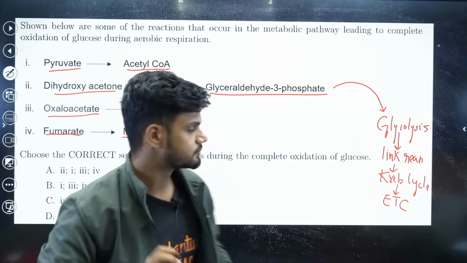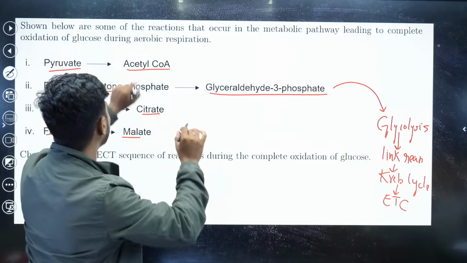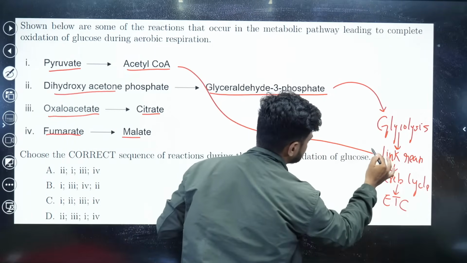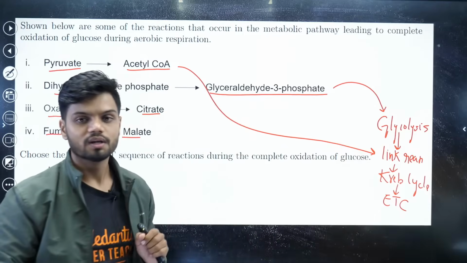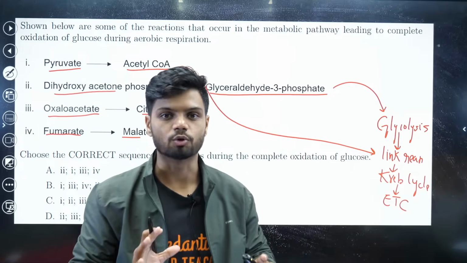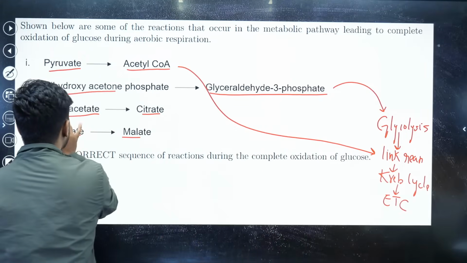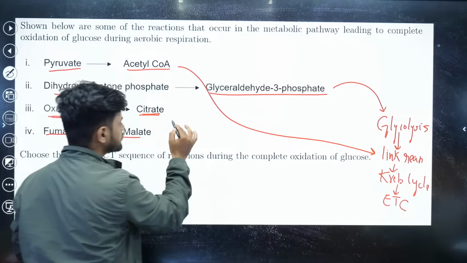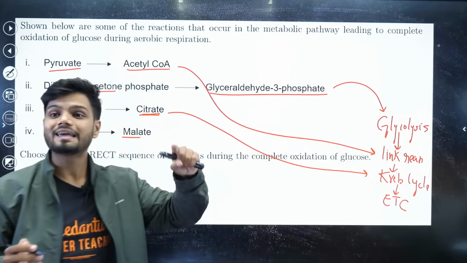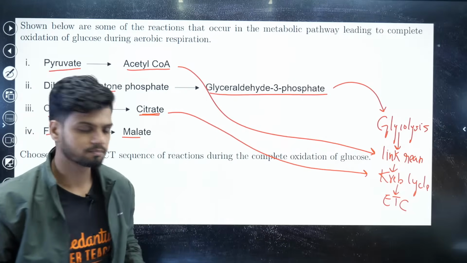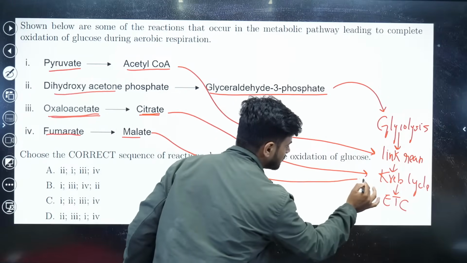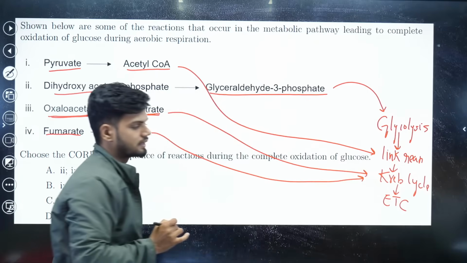Now the second one, pyruvate to acetyl-CoA, is part of your link reaction. Oxaloacetate to citrate is part of your Krebs cycle, which happens in the initial stage. And finally fumarate to malate is also part of your Krebs cycle.